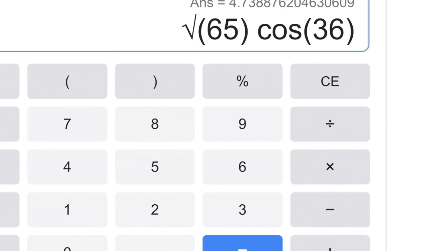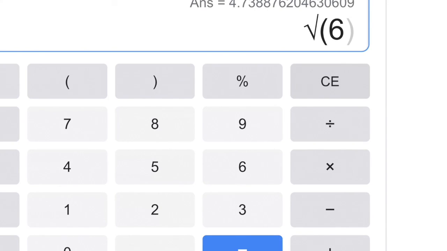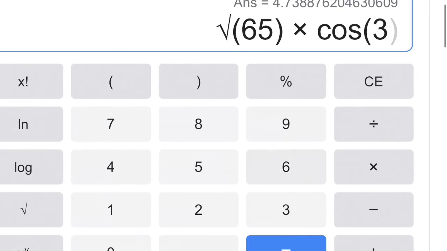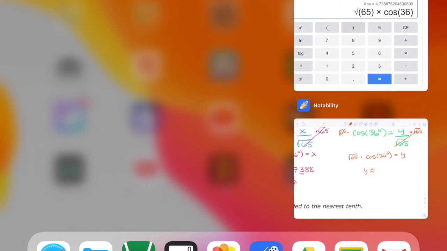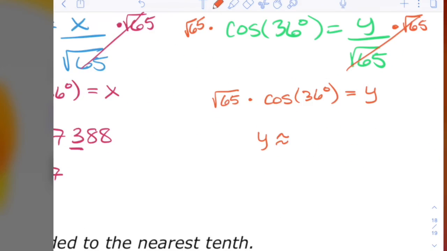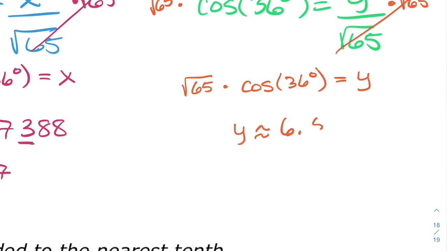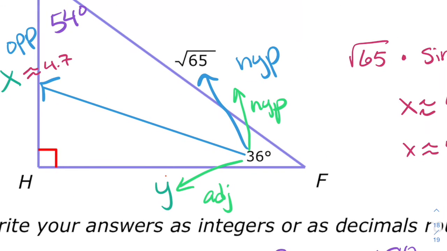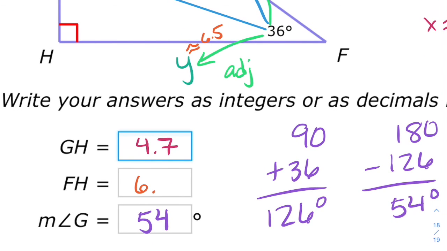It's actually going to multiply for me, but let's just be consistent. The answer is 6.5225. We're going to go to the hundredths place, and it is going to round it off. So 6.5 is this one, which is HF, which is 6.5.